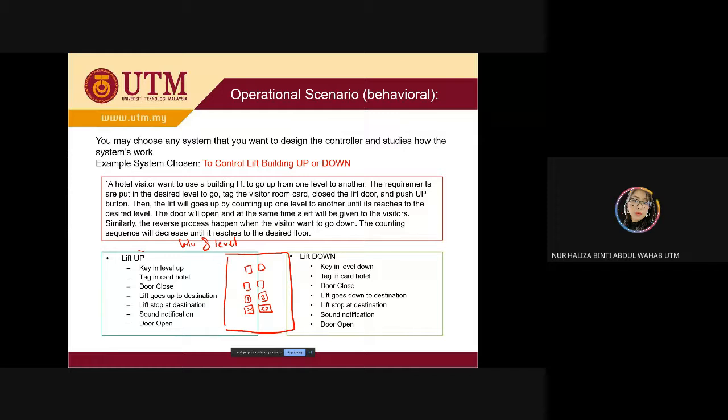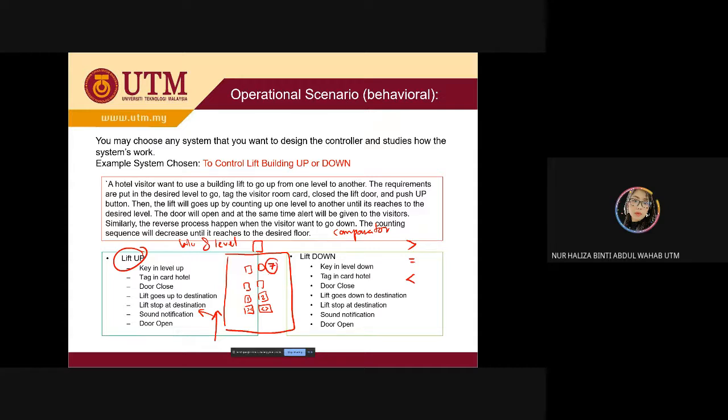You already learned about the comparator. If you still remember, you have more, you have less, you have equal. Let's say now your lift is moving up. It will see what the current level is. Let's say you're going to go to level 7.